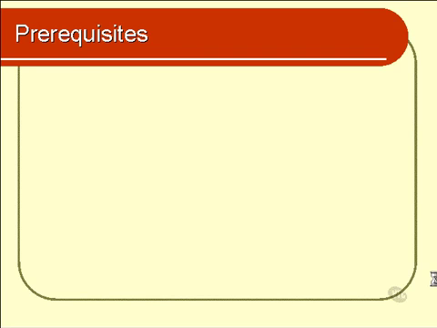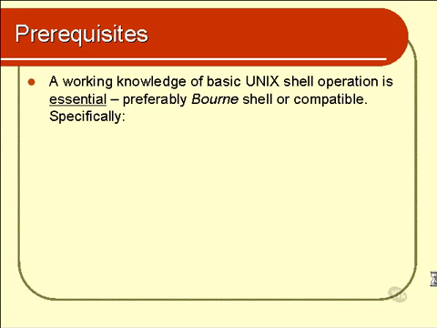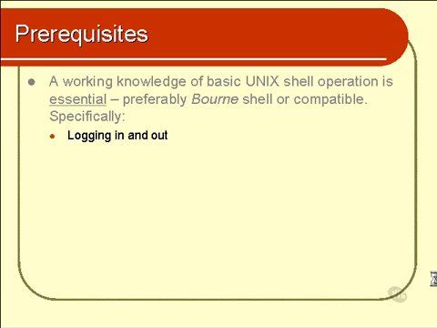Finally, let's have a look at the prerequisites for this course. Firstly, we need a working knowledge of basic Unix shell operation. In other words, I need you to understand how to log in to Unix and use basic shell commands at the shell prompt. Specifically, you need to know how to log in and out.